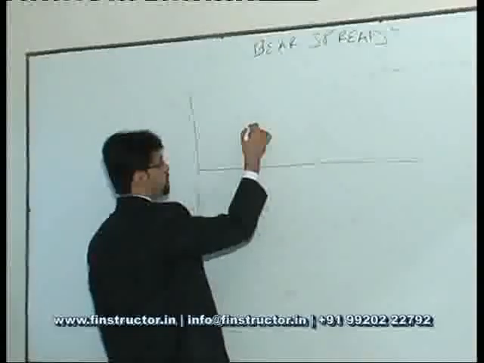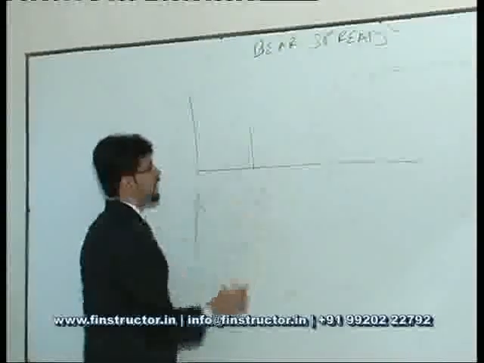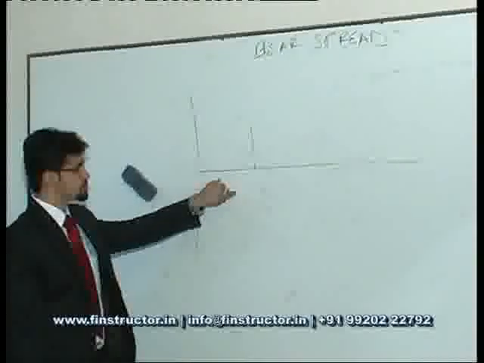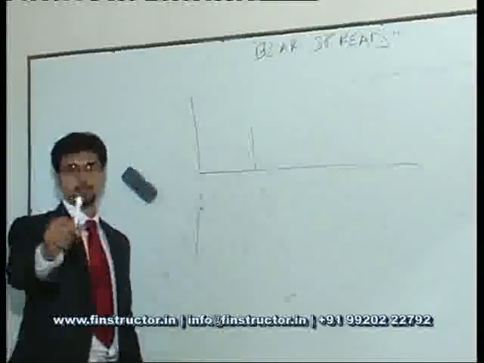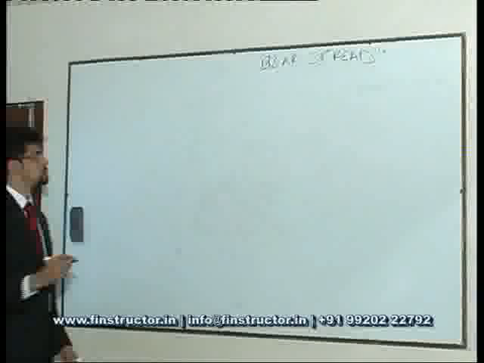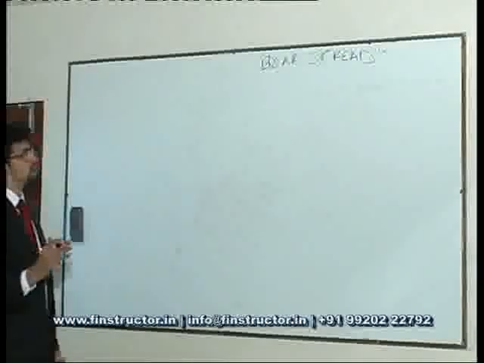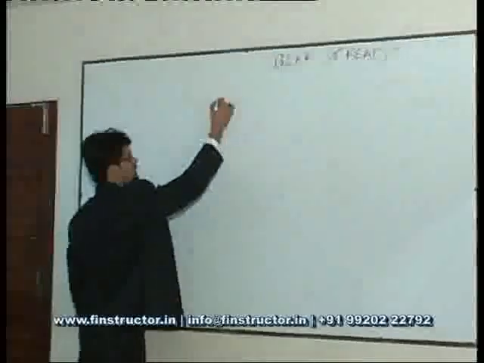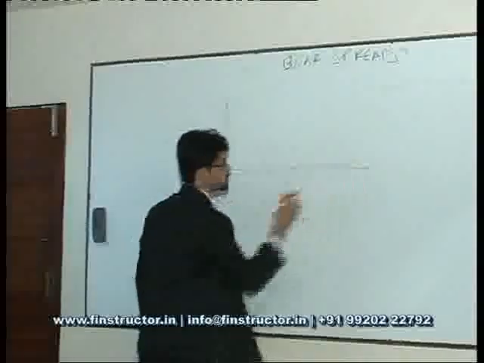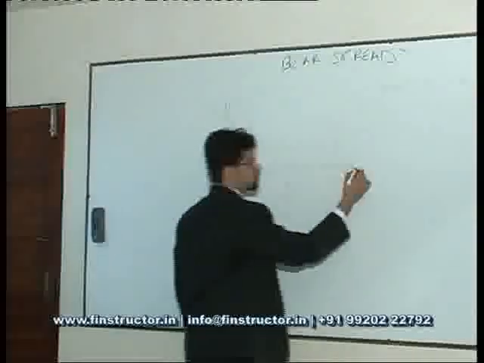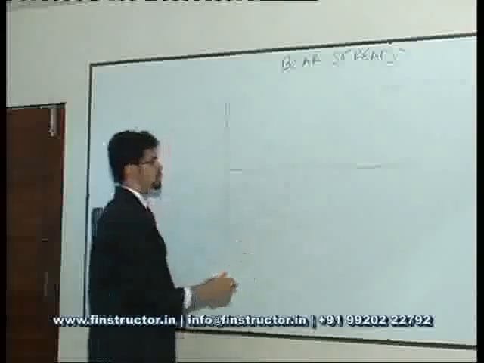So the premium will be higher for the first. Now a converse strategy is called the bear spread, wherein I short a call option at a lower strike price and long a call option at a higher strike price.